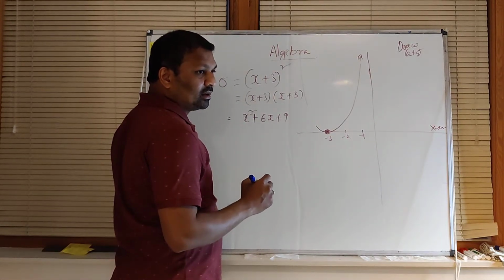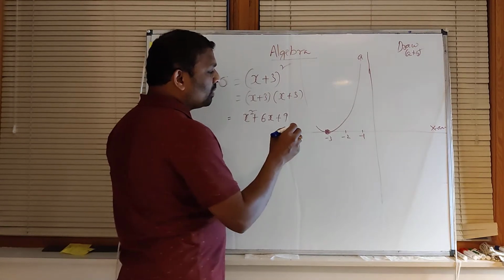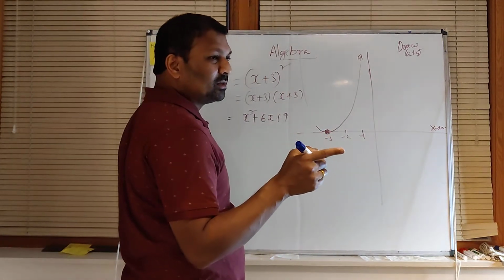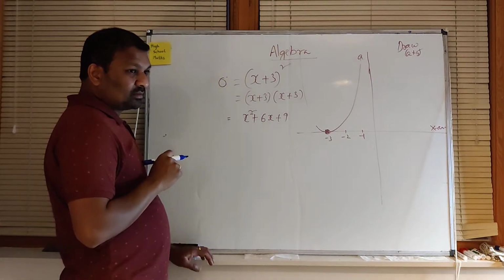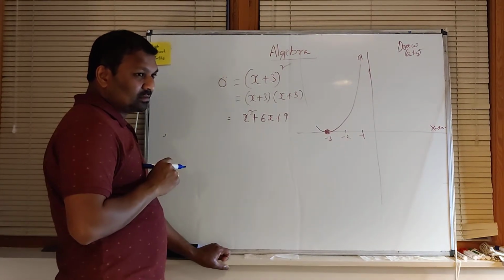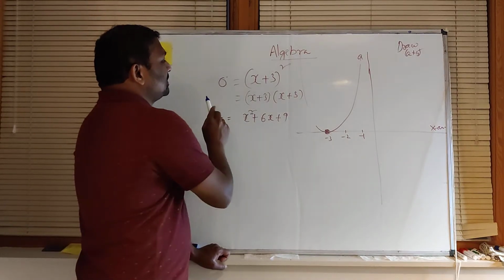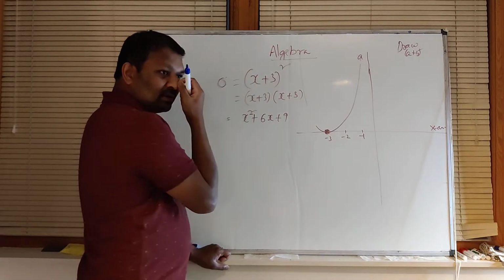How do I know that this is the lowest point? How do you know that it just touches the minus 3 point and then goes up? You equate y to 0. What is the maximum power of x here? 2.